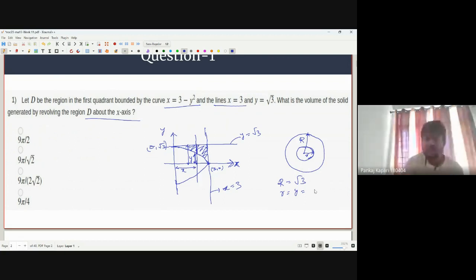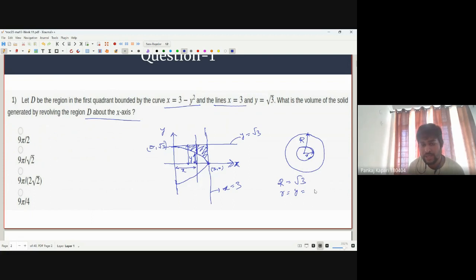Now you have to find the volume, right? So how do you find the volume? For that, you have to find this area and then integrate it over all possible range. Possible range means you have to see up to which range your x varies, right? Your x varies in this case between 3 and 0.